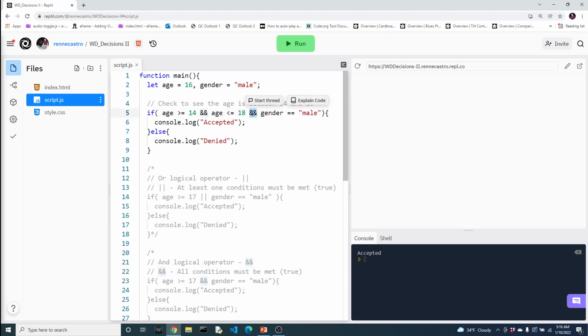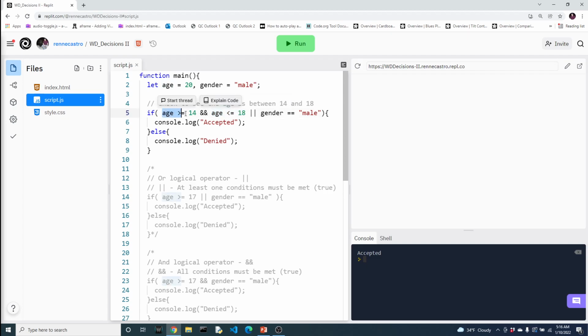Now you might want to try something different. Let's say we're looking for somebody between the ages of 14 and 18, or they're a male. So in this case, if I go 20, well, this is going to fail. We know that already.